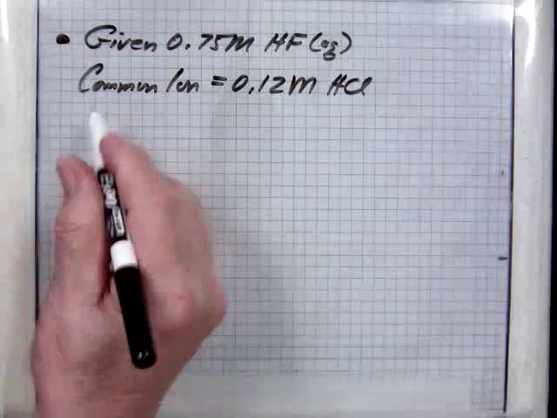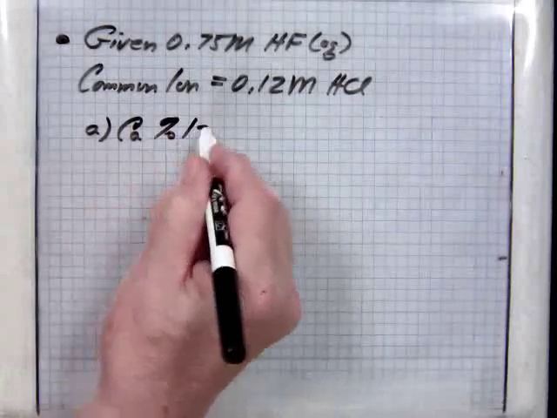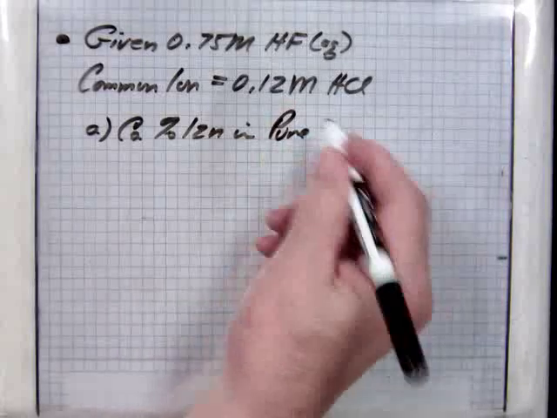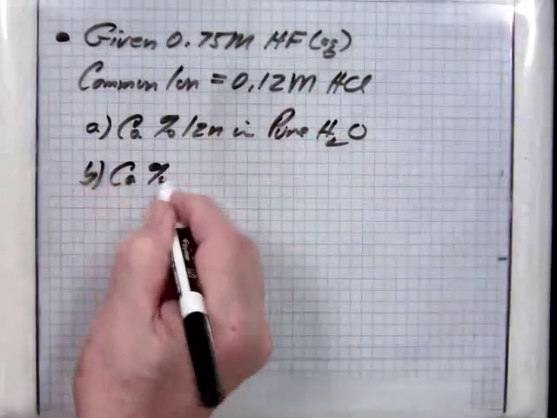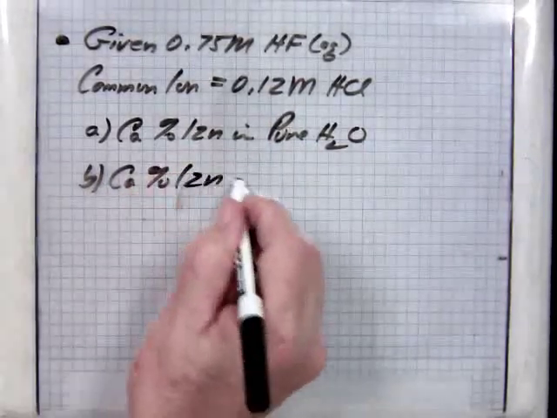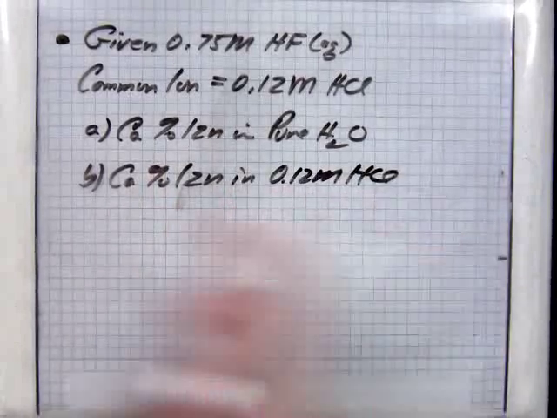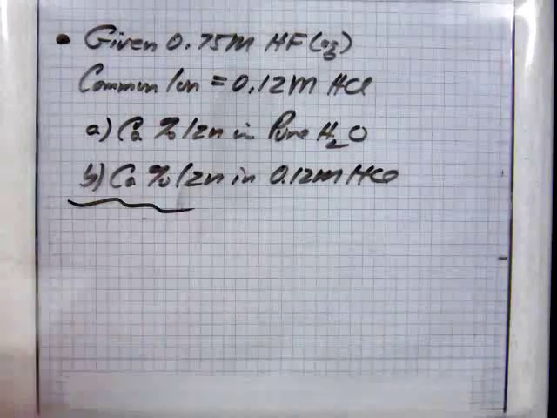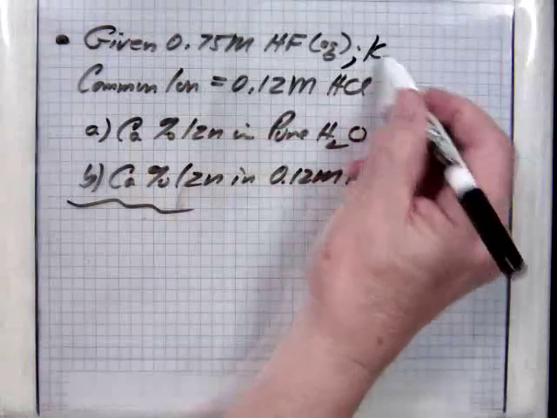Now, what I want you to do is calculate percent ionization in pure water. I'll look up the Ka value. And B, calculate percent ionization in 0.12 molar HCl. So you can see the change in degree of ionization.